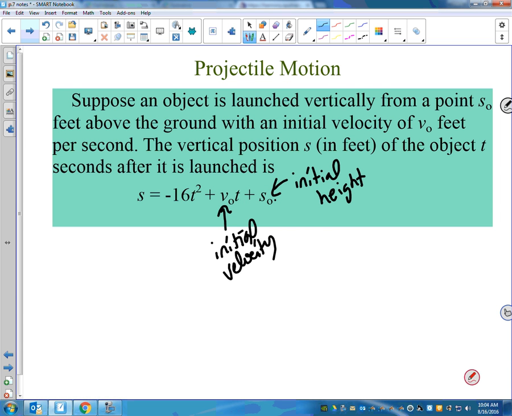And then this actually comes from, do you know where this negative 16 comes from? It's really negative 1/2 g t squared, where g stands for the acceleration due to gravity, which is negative 32 feet per second squared. And then negative 32 times 1/2.